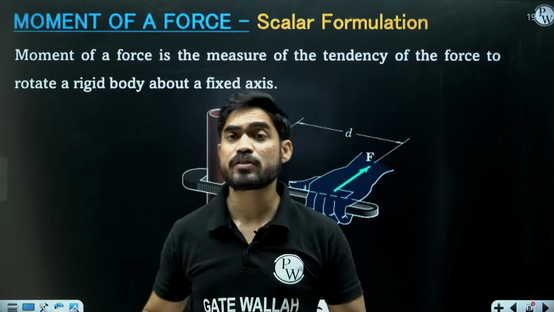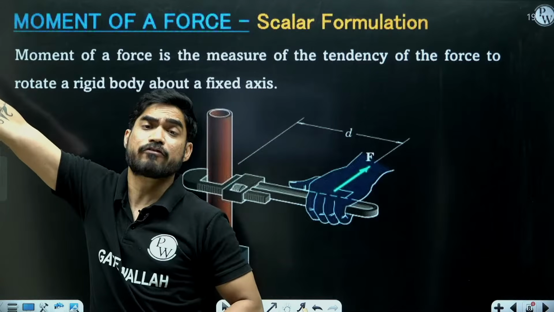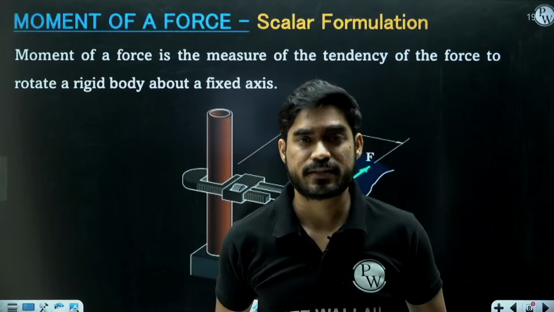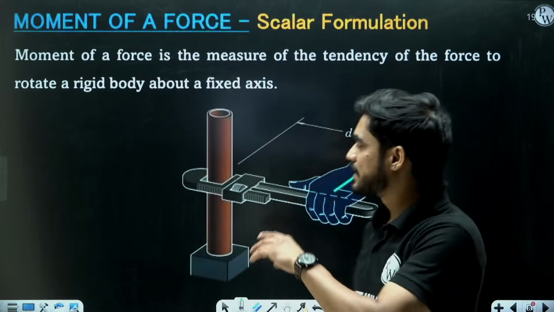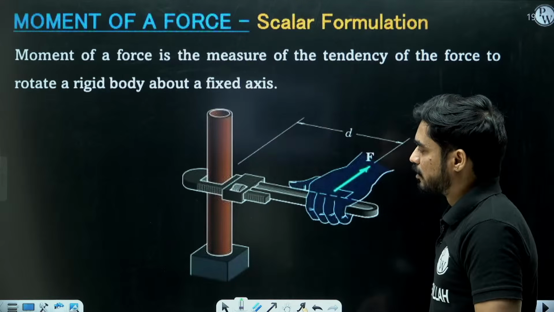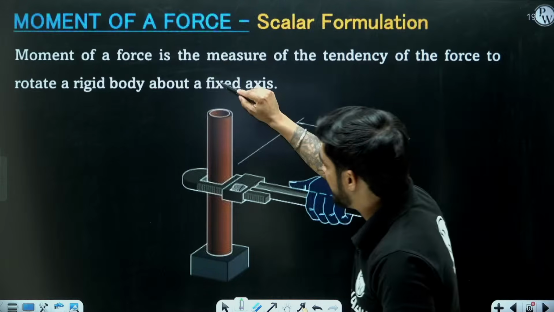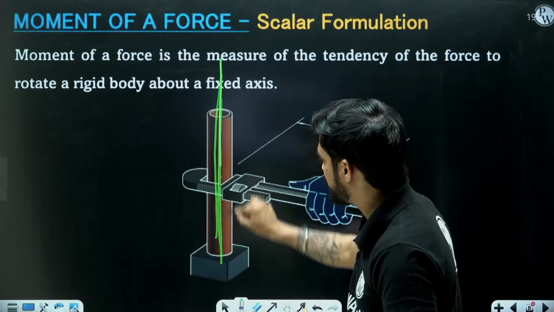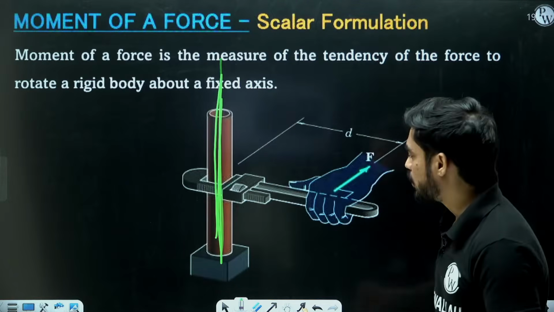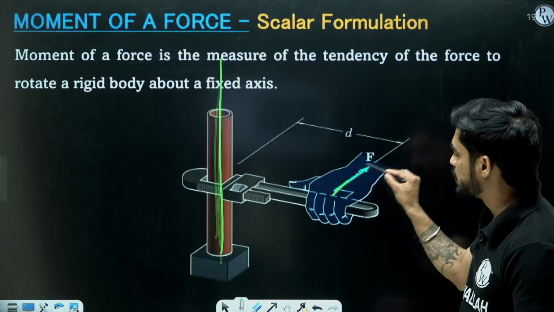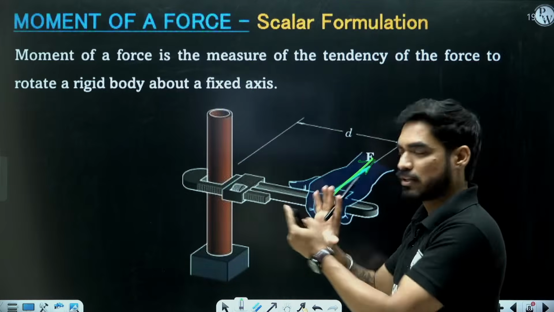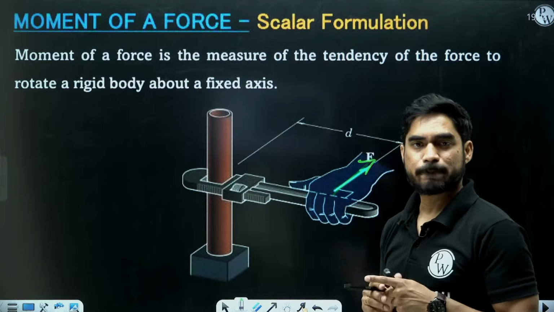Moment of a force is the tendency of the force to rotate a body about an axis. In this example, you can see that we are trying to rotate this body about this axis. And in order to do that, I am applying a force here. So this will generate a moment which will rotate the body.